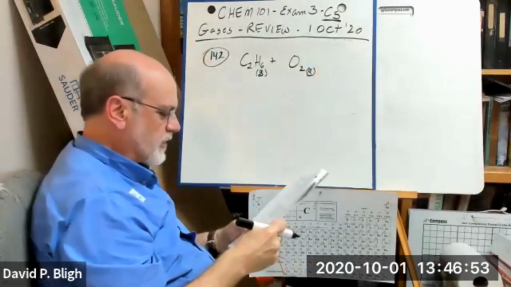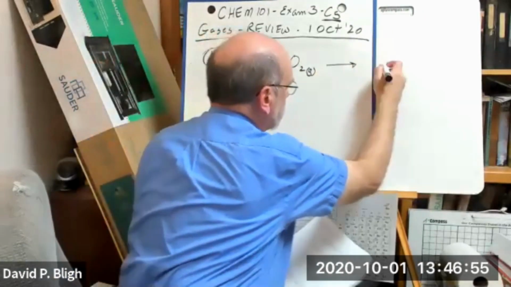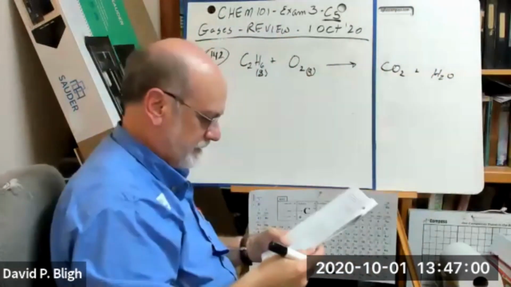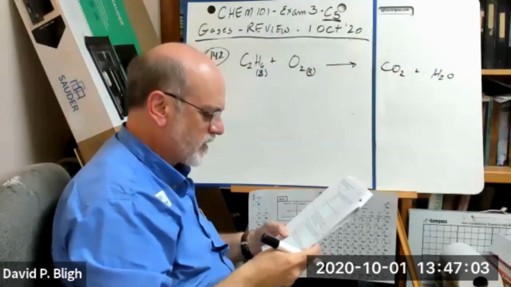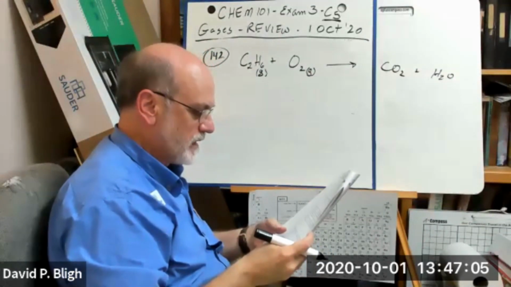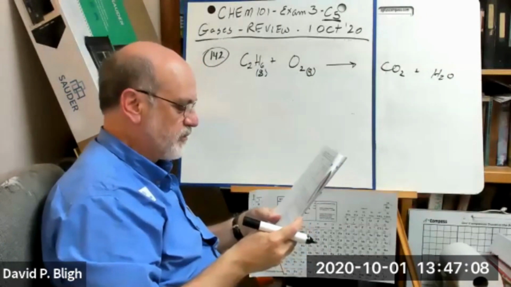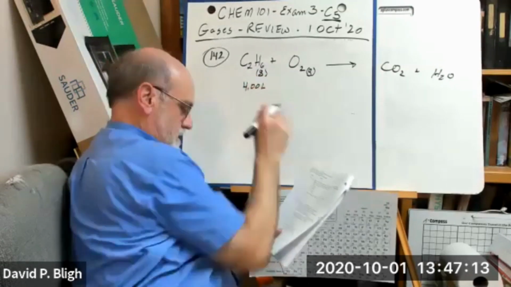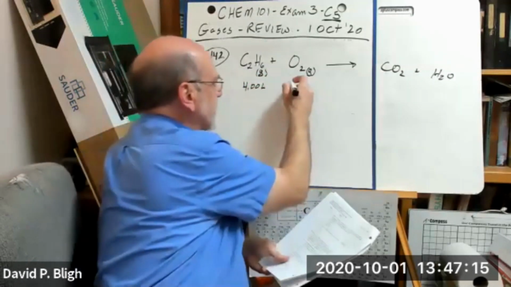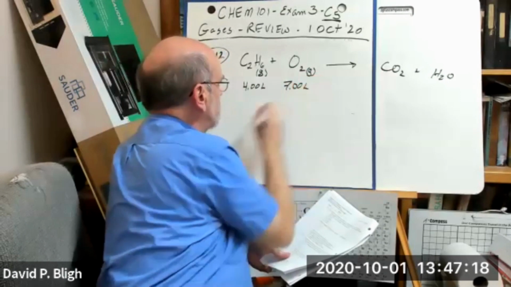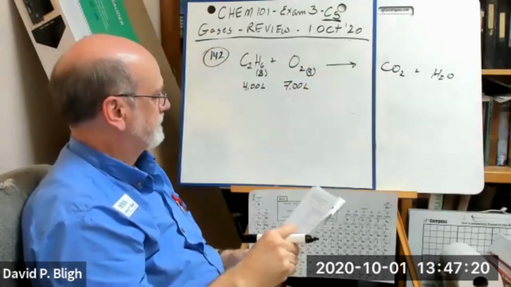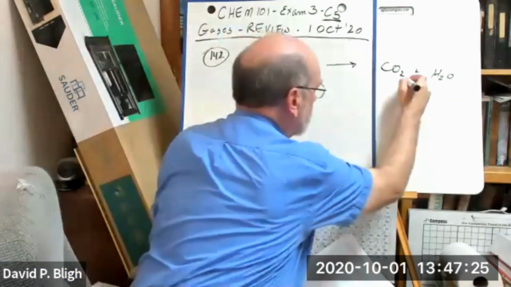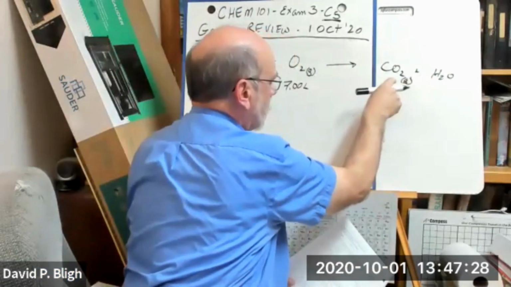To produce carbon dioxide and water, CO2 and water. What volume of carbon dioxide will be produced at standard temperature and pressure from the reaction of 4 liters of ethane and 7 liters of oxygen? And let's read the question again. What volume of carbon dioxide? So we've got a gas here, and we're looking for what volume?